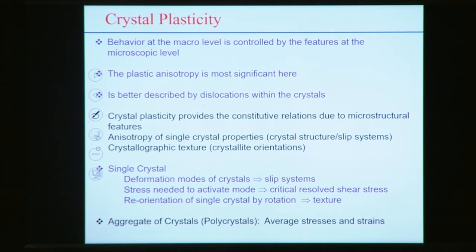Secondly, the crystallographic structure, that is basically the crystallite orientation, brings the anisotropic behavior, and that is very much related to crystal plasticity. We will explain that behavior by looking into the basic mechanisms, that means the dislocations and the slip mechanism, the motion of the dislocations, and finally the hardening behavior of the material.